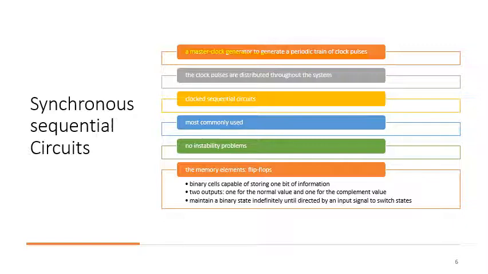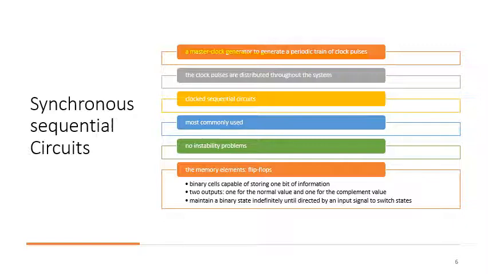So a clock generator is required in those sorts of circuits. The clock pulses are distributed throughout the system. So these are basically the clocked sequential circuits, and most commonly used as far as the memory design is concerned.